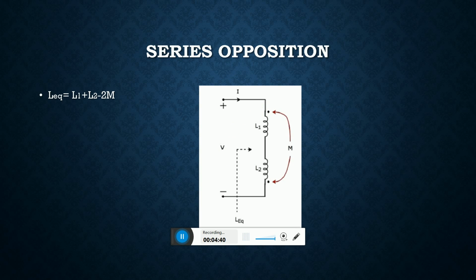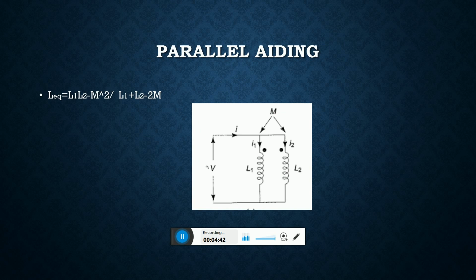Now, parallel aiding is also the same. When the current enters the dot of both inductors connected in parallel, it is called parallel aiding. Here, the equivalent inductance is (L1 L2 minus M square) divided by (L1 plus L2 minus 2M).